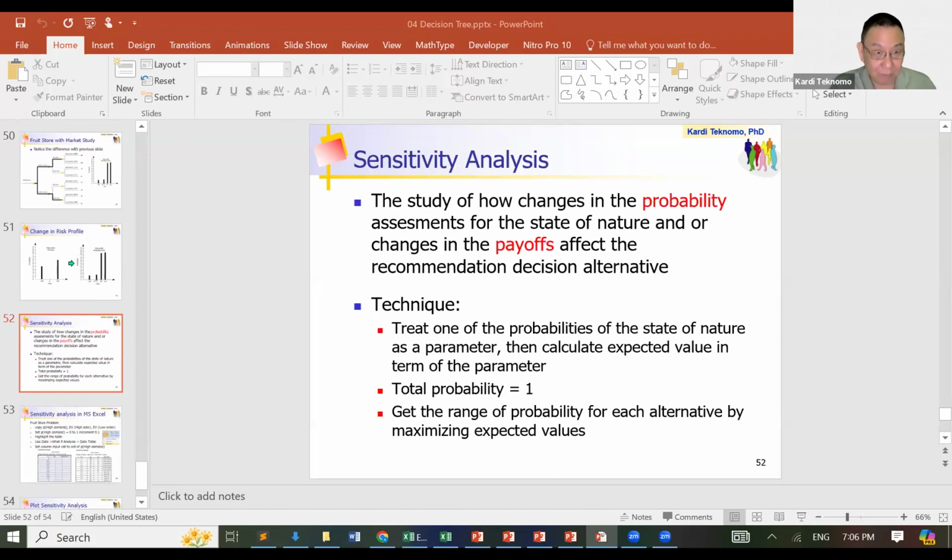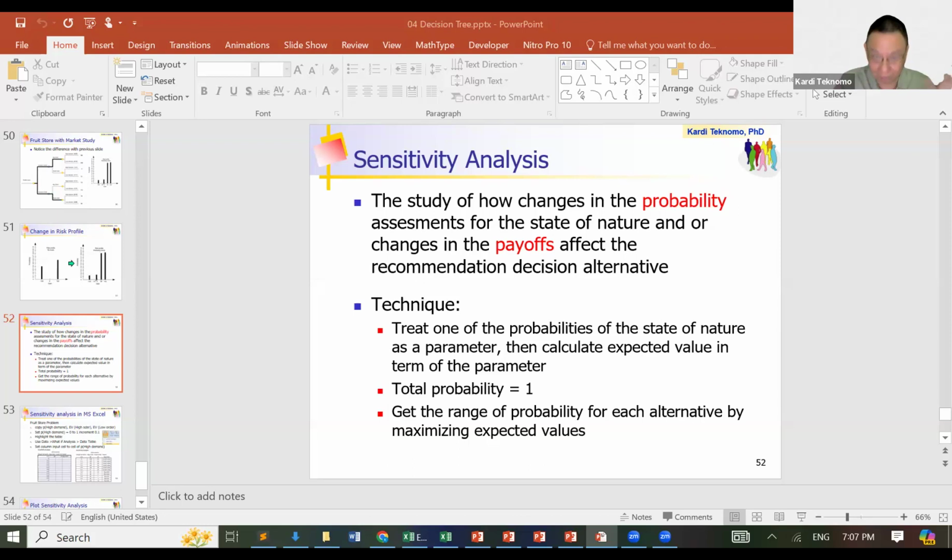After that, you can compute the sensitivity analysis. So this is to study how the change in the probability, I think this is what Angelo was asking a while ago. If there's a change in the probability in the state of nature, or a change in the payoff, what will be the result?